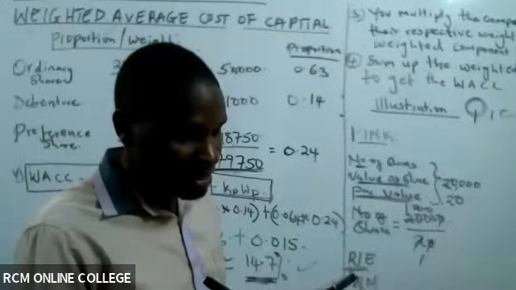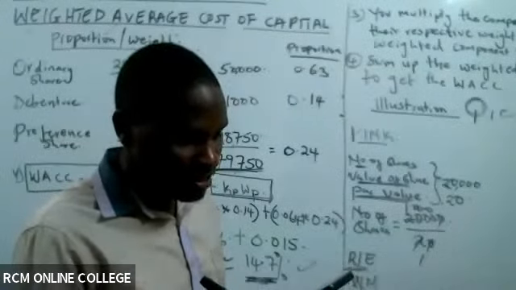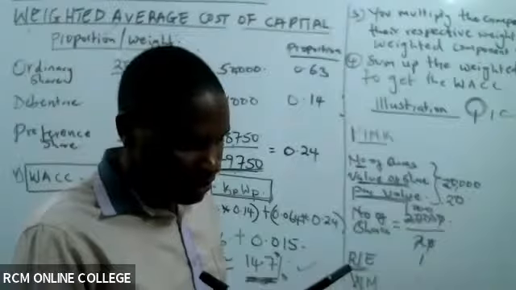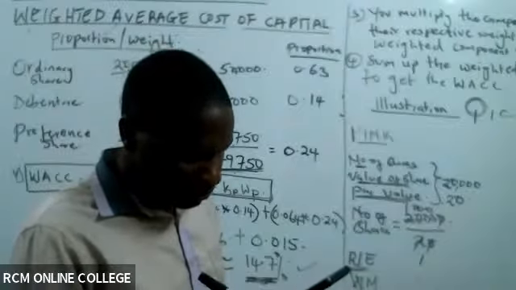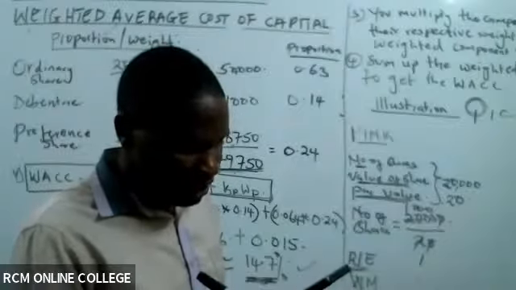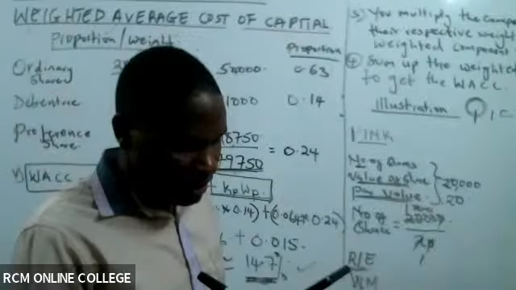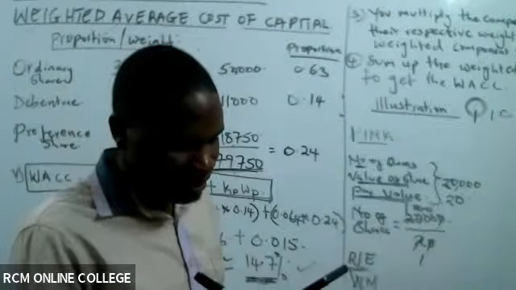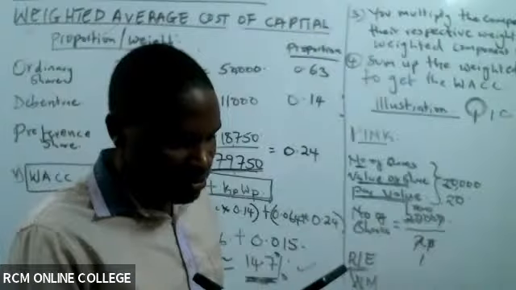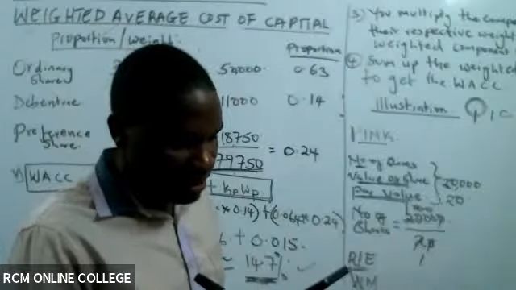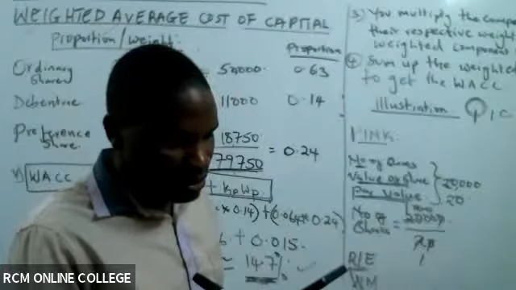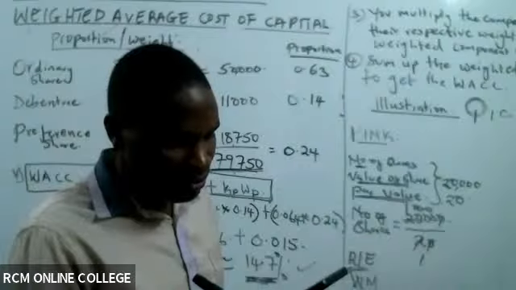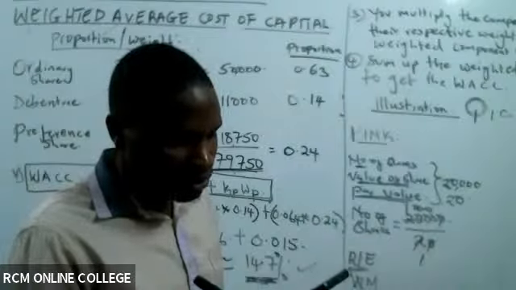Hii swali inahitaji time yetu tuiangalie vizuri. Then the preference shares are not redeemable and have an ex-dividend market value of 40 cents per share. The 7% bond is redeemable at 5% premium to its nominal value of 100 per bond. Bonds have an ex-interest market value of 104.4.